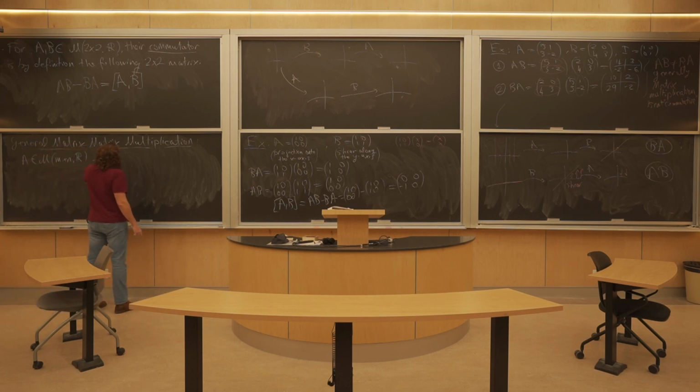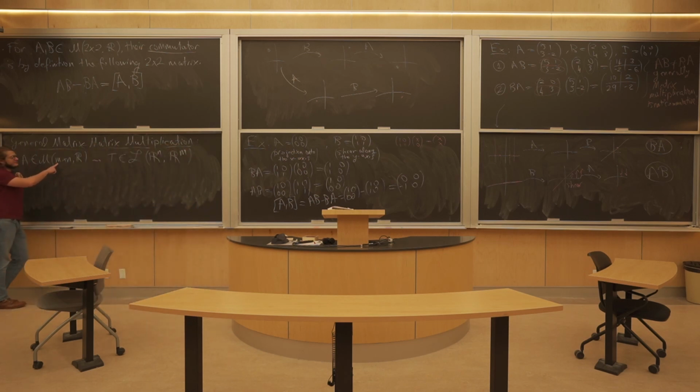So the transformation corresponding to A is a linear transformation from Rn to Rm. So if the number of rows is m and the number of columns is n, that means that the input of A is n-dimensional and the output of A is m-dimensional.